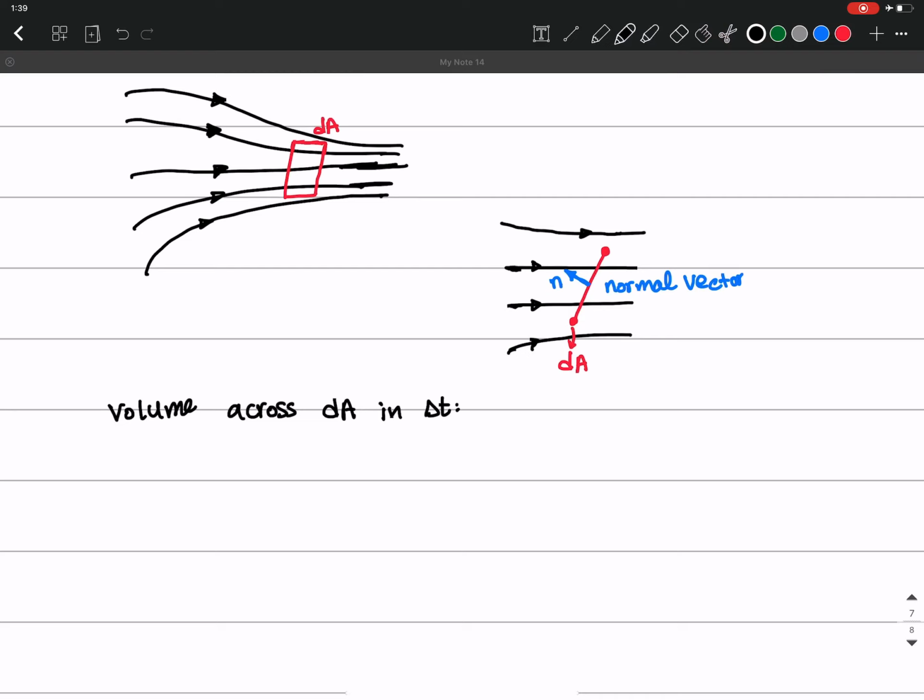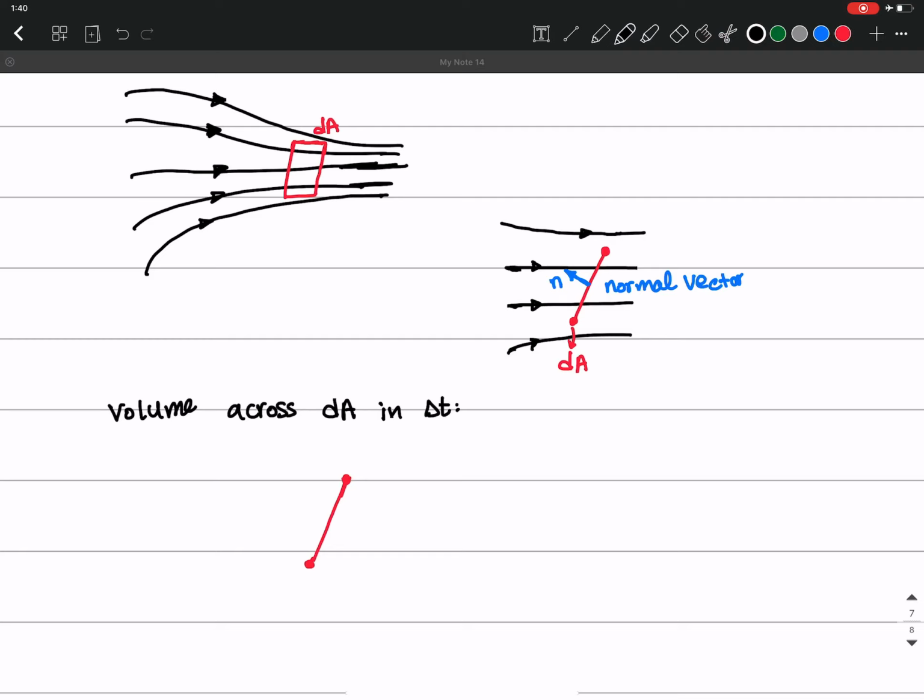So here we have that surface, and then here we have the velocity.